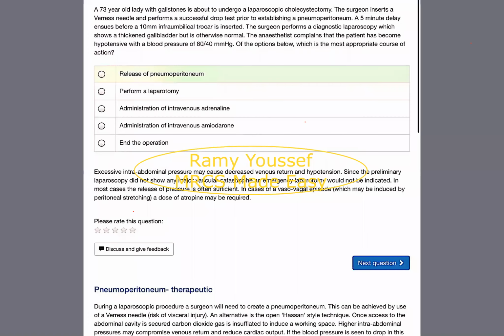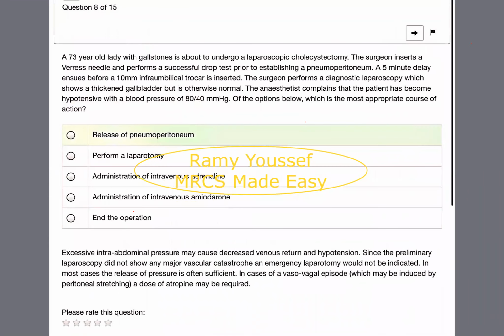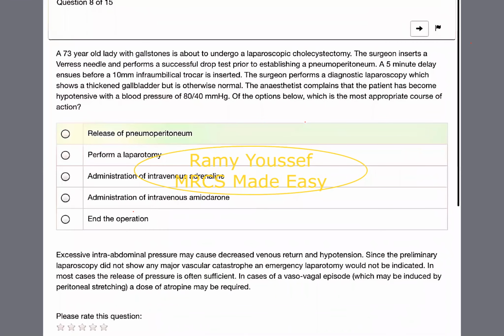We make a very high pressure that decreases the venous return, and the patient goes into something like hypovolemic shock. So if the anesthetist tells you the patient is becoming hypotensive, you instantly decompress and release the pneumoperitoneum.